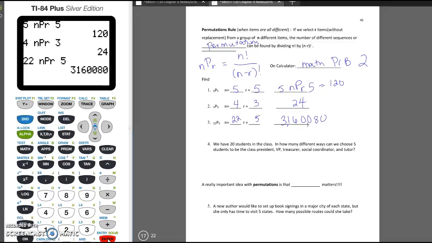So number 4 here says we have 20 students in the class. How many different ways can we choose 5 students to be class president, VP, treasurer, social coordinator, and tutor? So 5 different jobs. So another way of saying this is how could we arrange the students in that order? President, VP, treasurer, social coordinator, and tutor. So this would be 20 because there are 20 students total, P5.